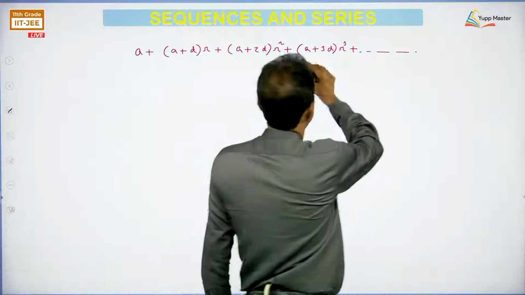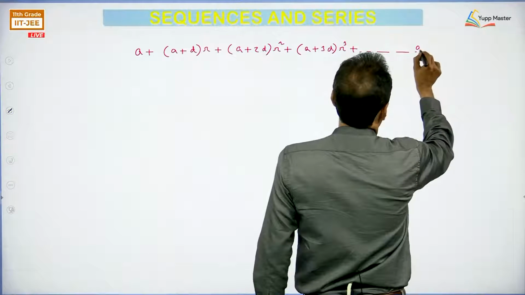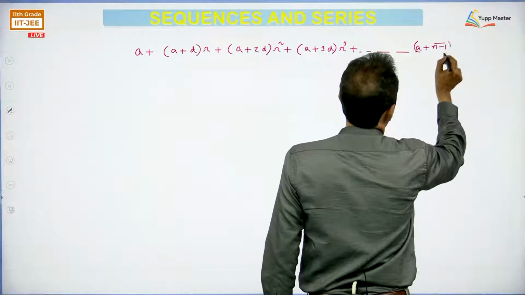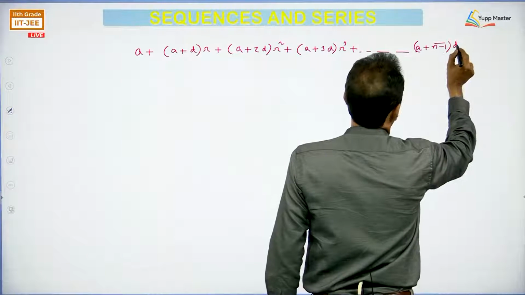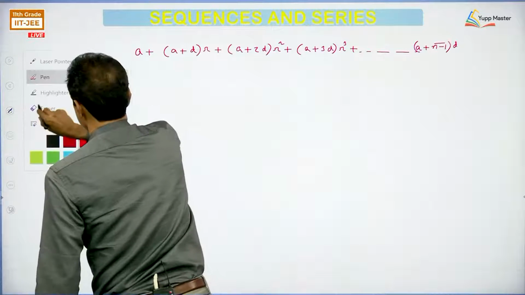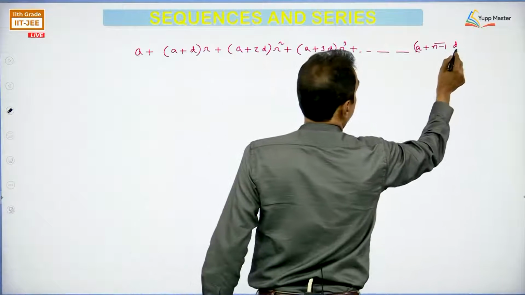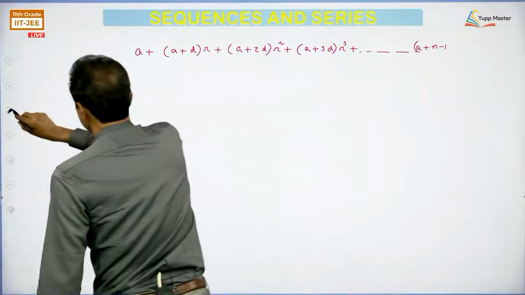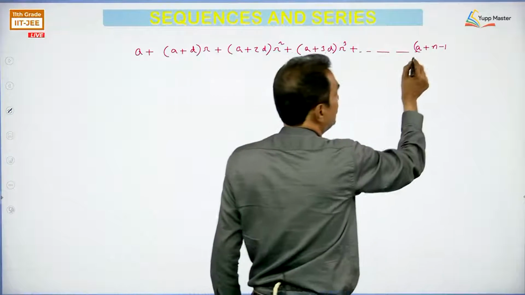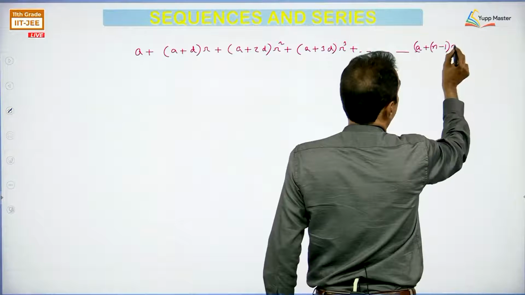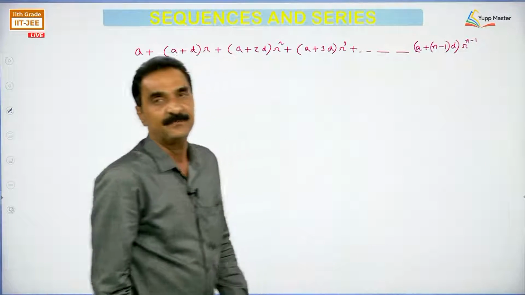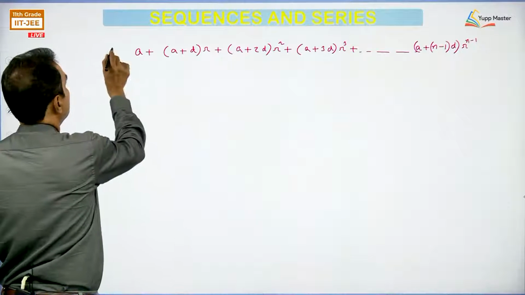Nth term is A plus n minus 1 into D into R power n minus 1. Alright. Denote this sum by Sn.